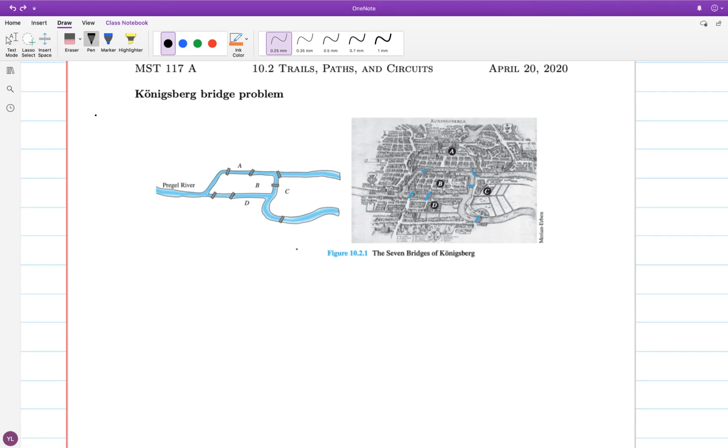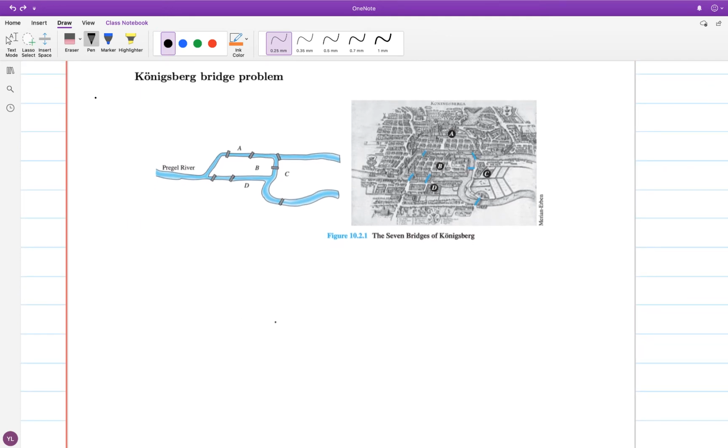So in order to make an abstract diagram of this problem, we collapse the landmasses into vertices of a graph, and the bridges are connections between those landmasses, so the bridges are edges.